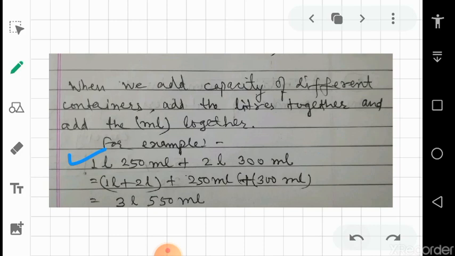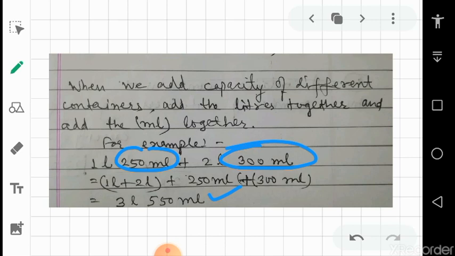Here we have 1 liter and 2 liter, so together it will make 3 liters. Then we will add the values in milliliters. If we add them, we get 550 ml, so we have the value which is equal to 3 liter and 550 milliliter.